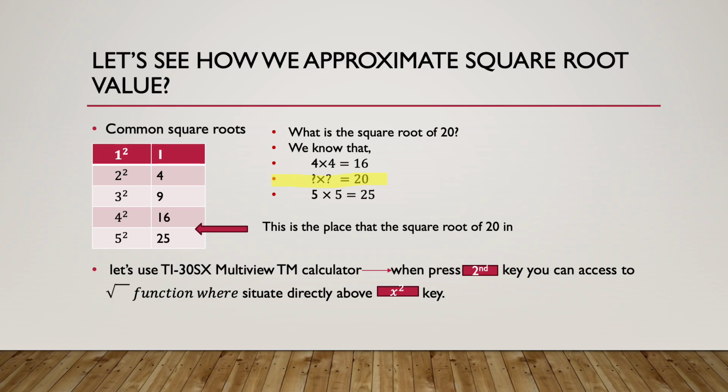Okay, so when you're using this calculator, we want to press the second key so you can access this function. If you want the square root function, there is no direct key on the calculator, so you have to press the second key to access the square root function.